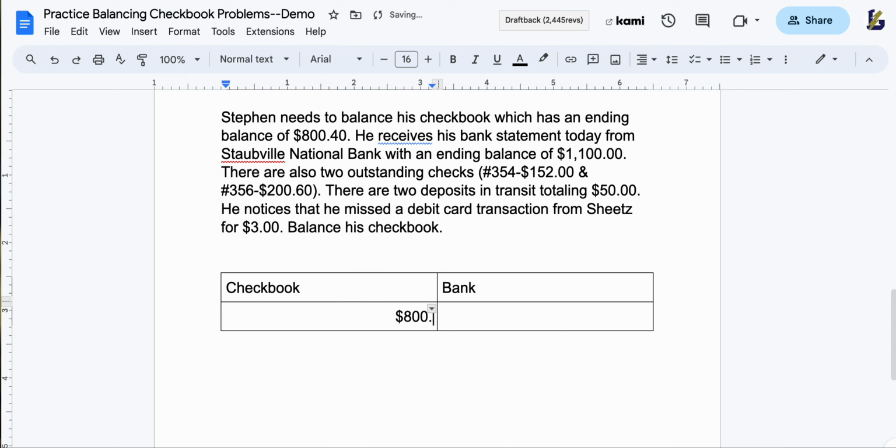So I'm going to put the $840.40 here. On the bank side, I'm going to right align this, just makes it look nicer. Stouffville National Bank says his balance is $1,100. Clearly, they're not the same.